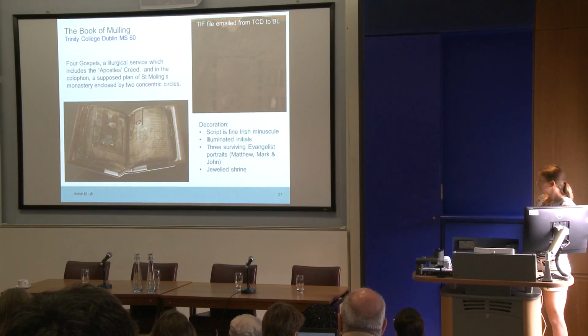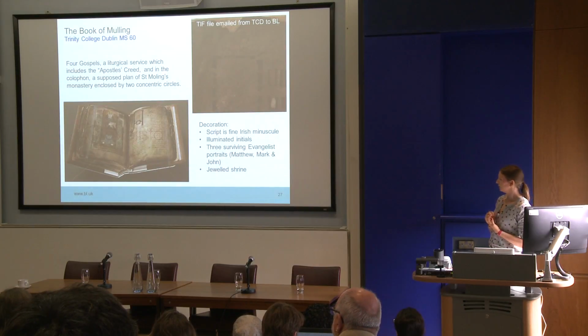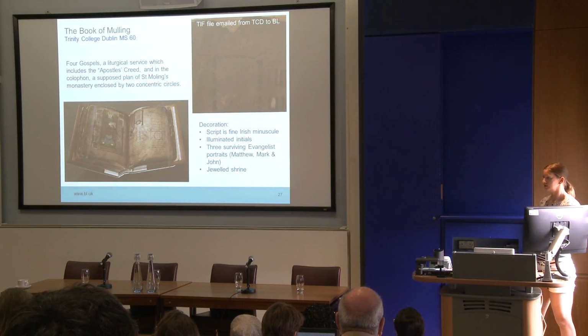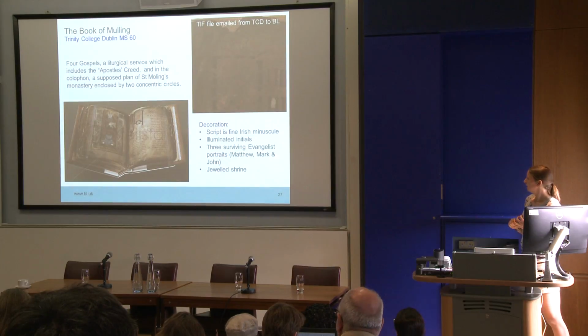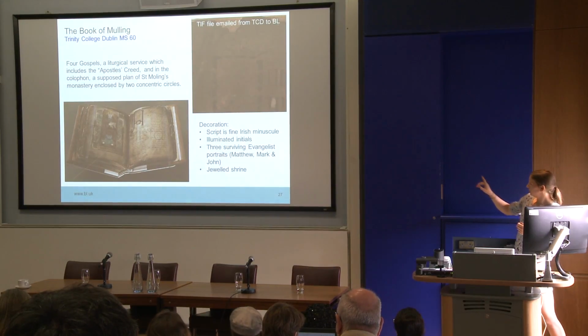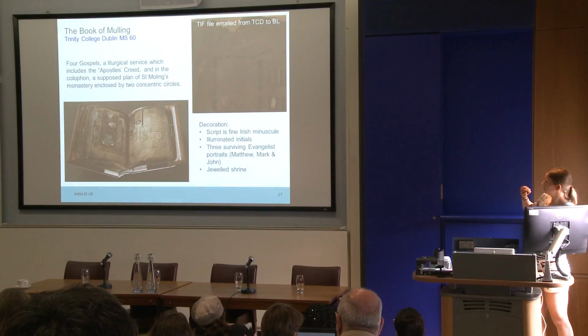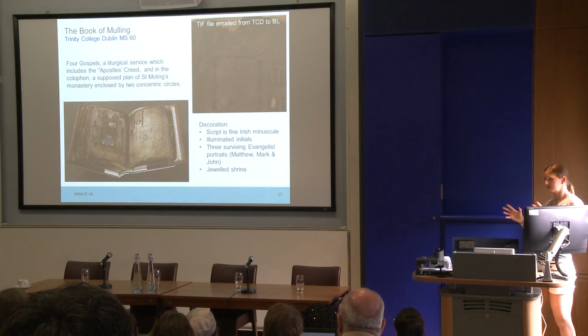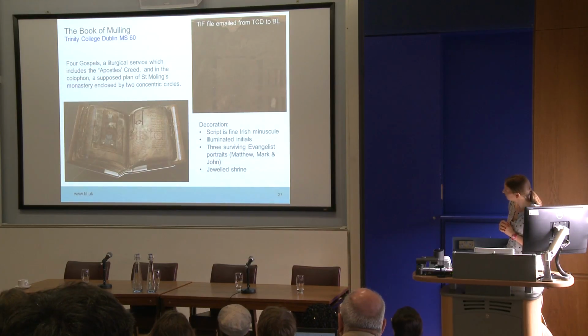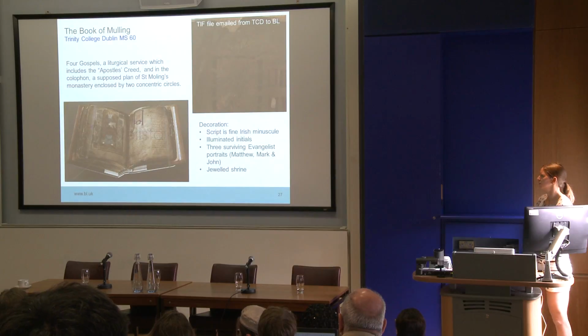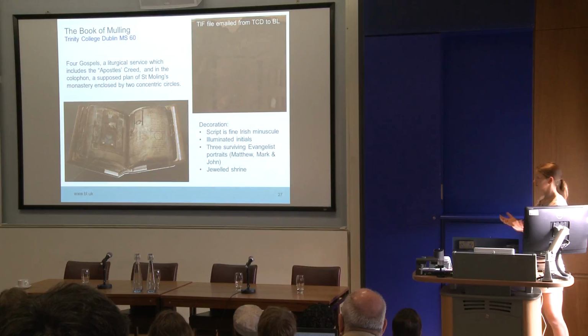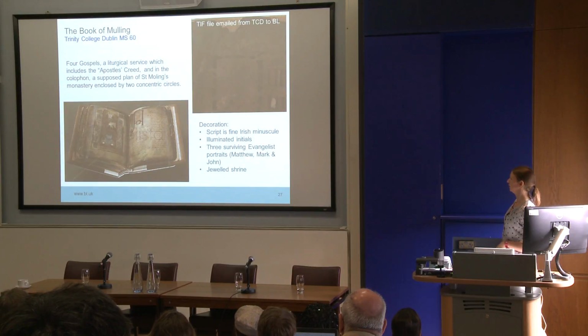Another example of this is from the Book of Mullingar. So Bernard Meehan in TCD in Dublin, he was looking at this image on the top right hand side, and he could kind of make out some kind of image but couldn't quite make it out or say what it was. So he sent me an image and said, is there anything you can do to, I don't know, make it appear basically.